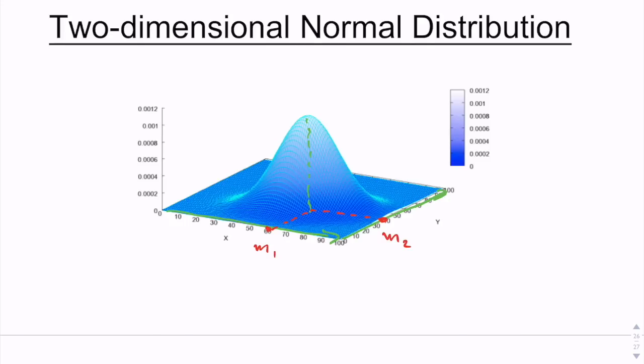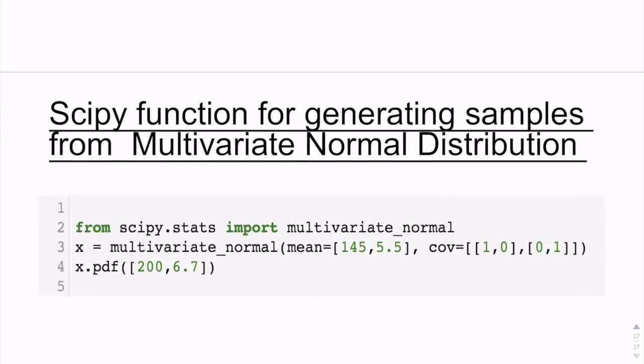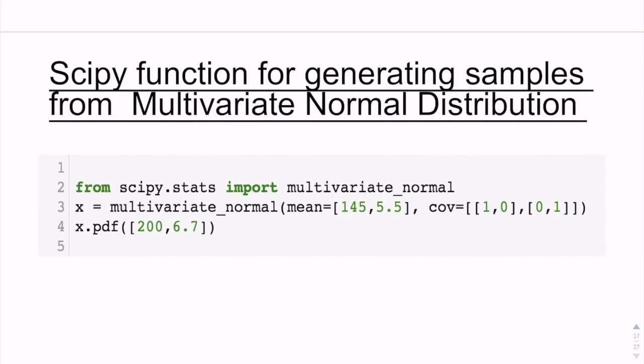So if you want to see how to sample from a multivariate normal distribution, let's say we have a two-dimensional, a 2D distribution. Let's use our example of Instagram and Facebook, where the mean vector is 145 and 5.5.